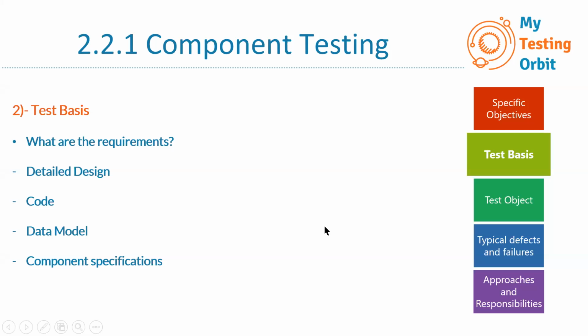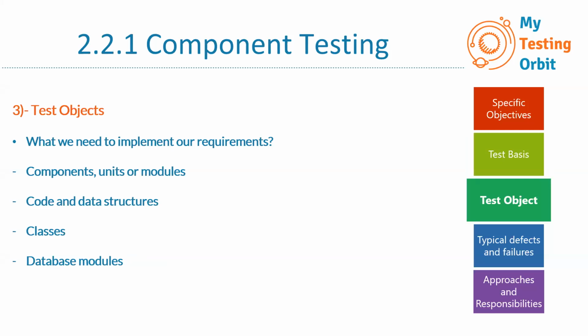Right, let's go to the third attribute, which is test objectives. Earlier we went through the objectives of component testing and the requirements. Now we need to know what we need to implement our requirements.